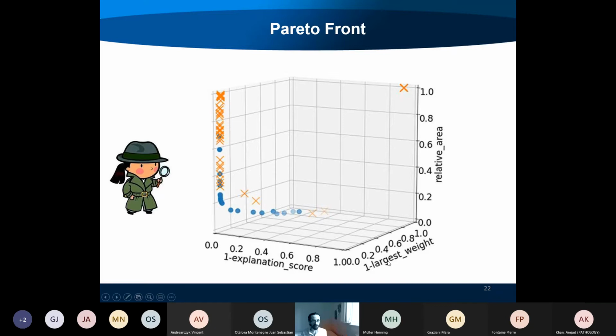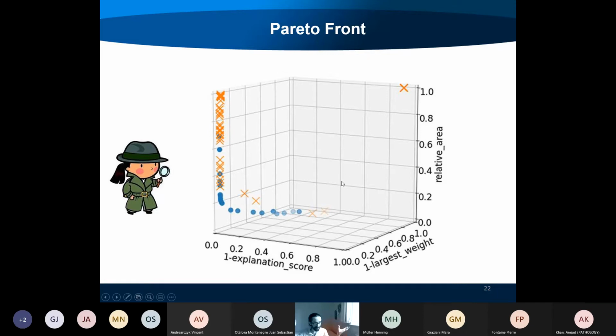Largest weight is the weight of the superpixel with the largest weight, basically. So what weight that was, that's the largest weight. And then relative area is the area of the superpixel of largest weight divided by the area of the image. So the orange X's here are the initial population of explanations we had.